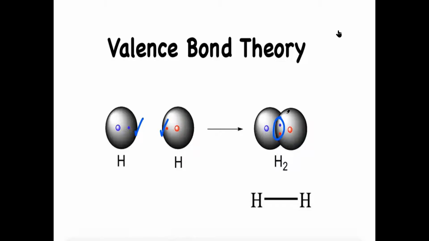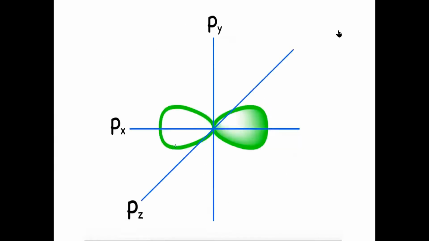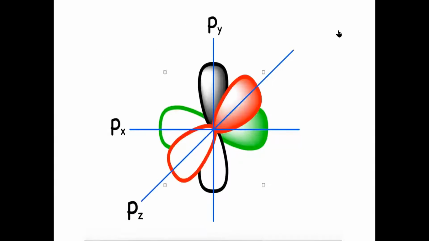In order for us to understand this bonding behavior and even more complex bonding behavior, we need to review the basics of orbitals. Atomic orbitals are areas of high probability of finding electrons. At every energy level, there is a 1s orbital in the shape of a sphere. There are three p orbitals, the px, py, and pz.